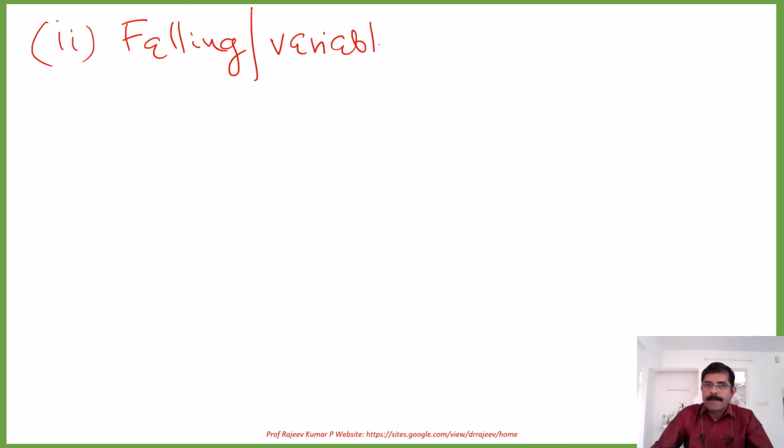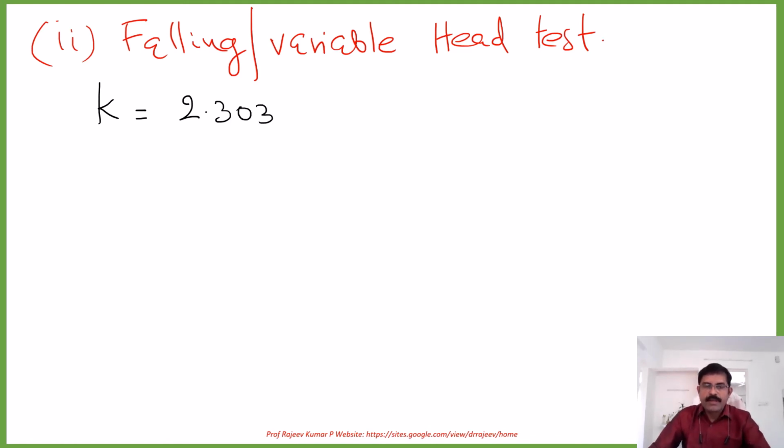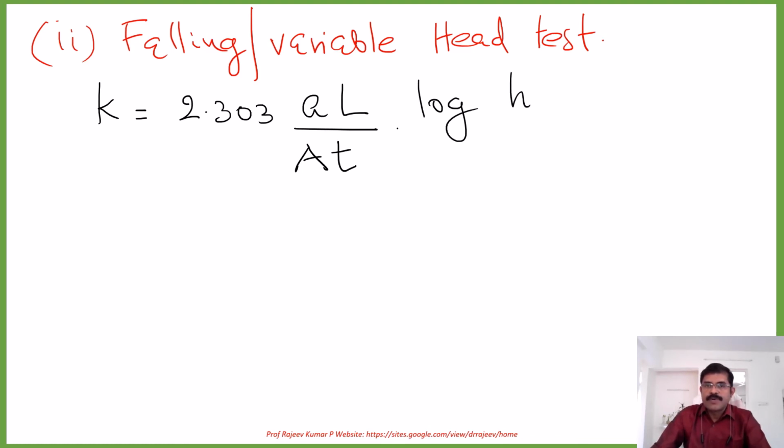In the variable head test, also known as falling head test, we know that the equation corresponding to coefficient of permeability for falling head permeability test is k = 2.303 aL by At into log H1 by H2 to the base 10.